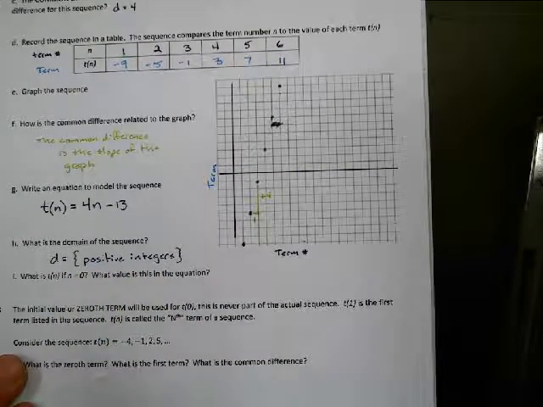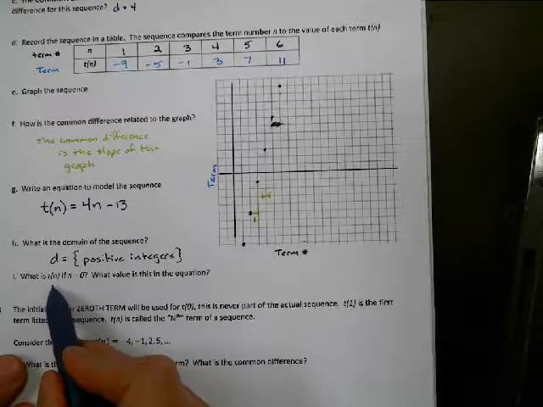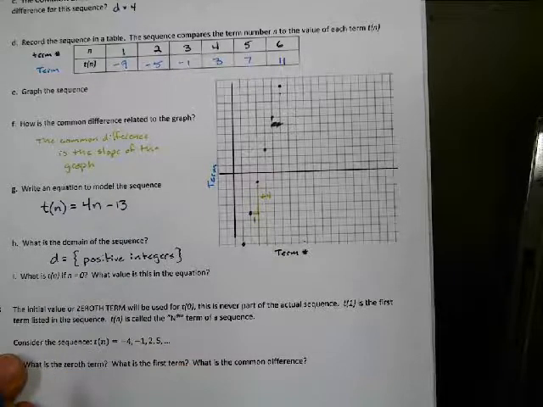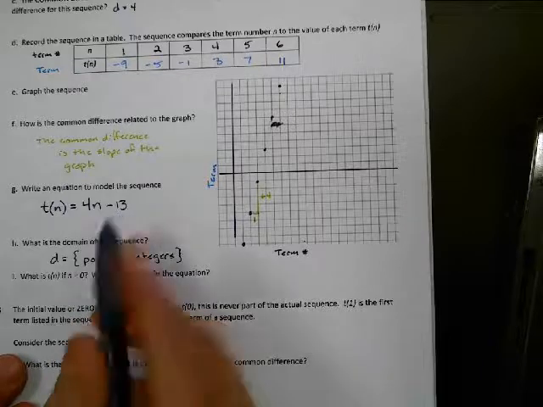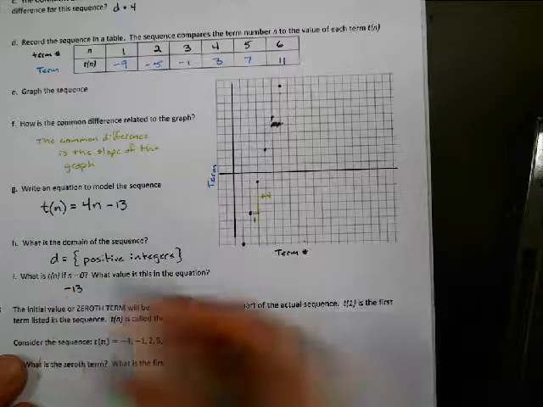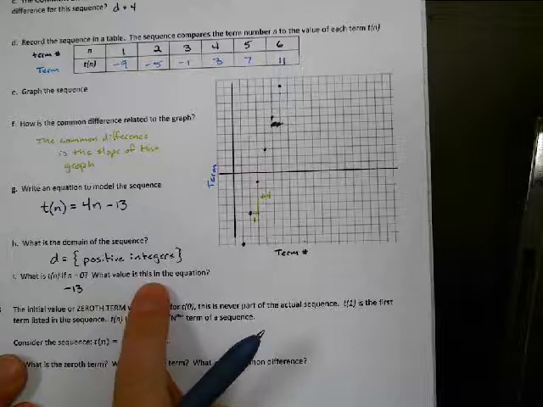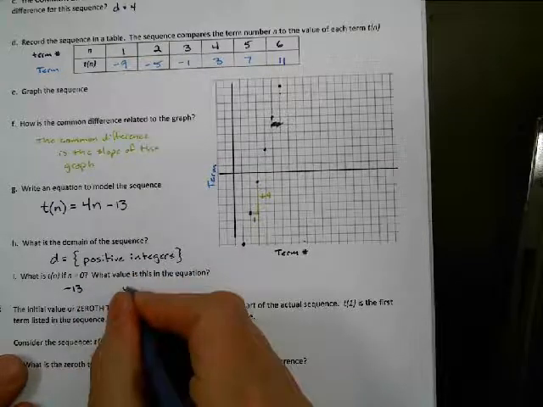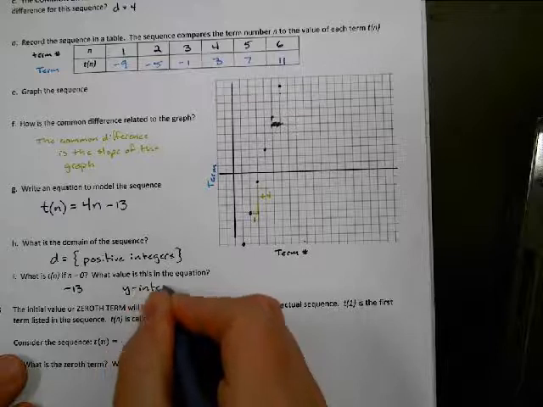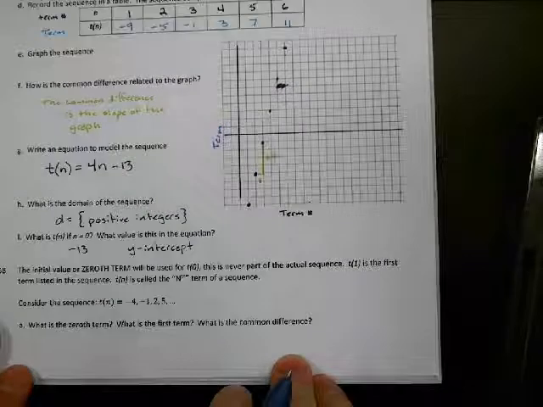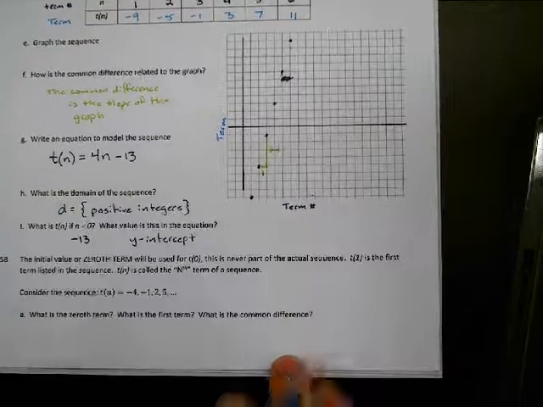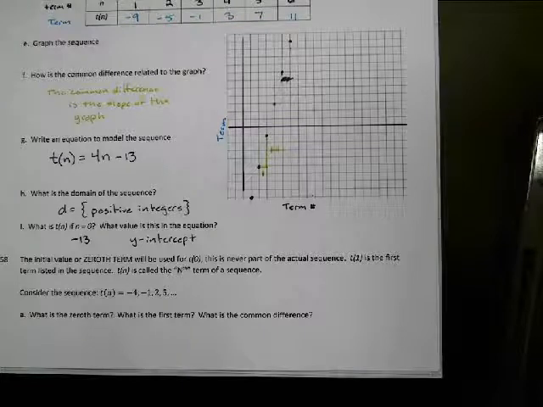What is T of n if n equals 0? Well, when n equals 0, that's the y-intercept. That's negative 13. What value is this in the equation? That's our y-intercept. All right, the initial value, which is usually what we've called our y-intercept, we're going to call the 0th term, and we're only going to be using this for the equation.